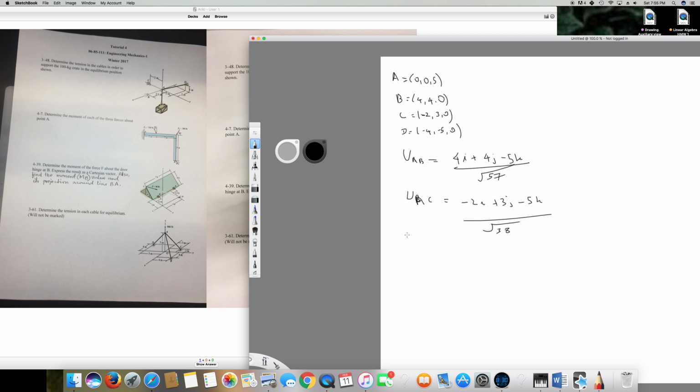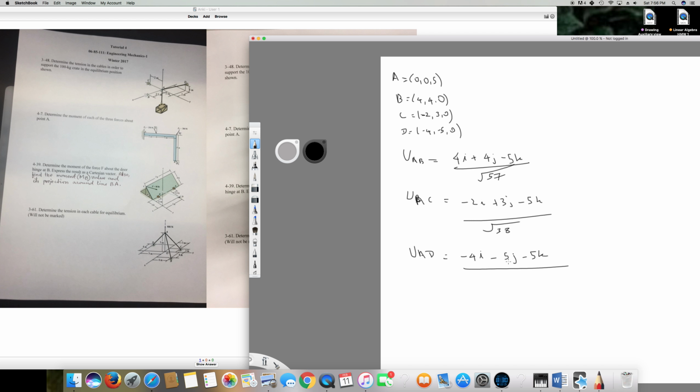And now I have to calculate U_AD. U_AD is going to be D minus A, which is negative 4i, negative 5 minus 0 is negative 5j, and 0 minus 5 is negative 5k, over the magnitude of R_AD.